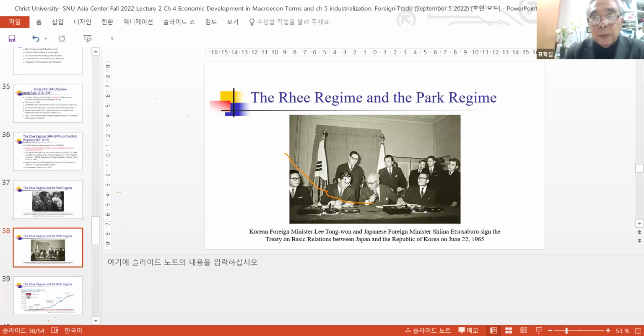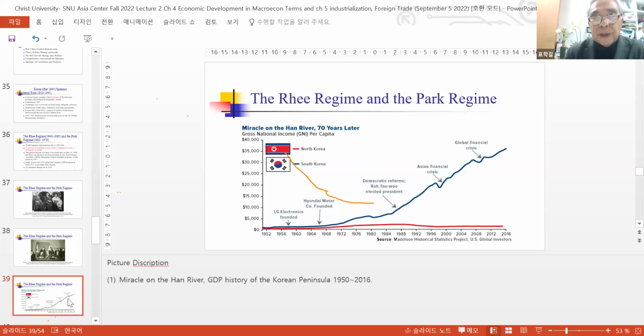First, a diplomatic relationship was restored after 1945 in 1965. It's kind of monumental agreement between Korea and Japan. For example, Ri regime and the Park regime, we call Miracle on the Han River 70 years later. It starts from 1964 under President Park.